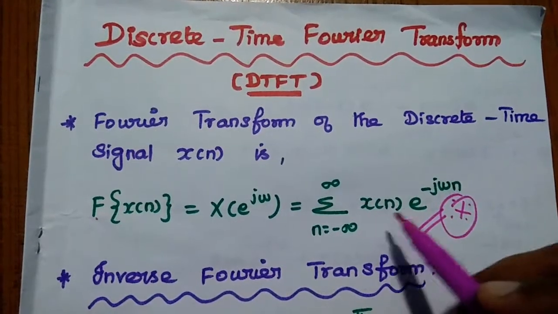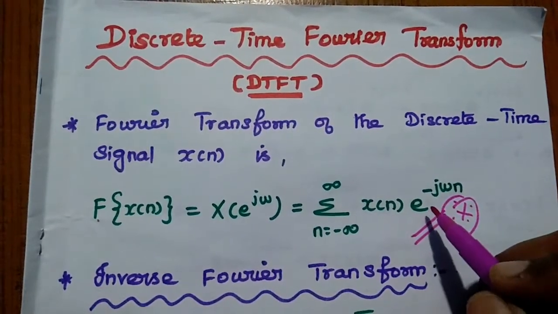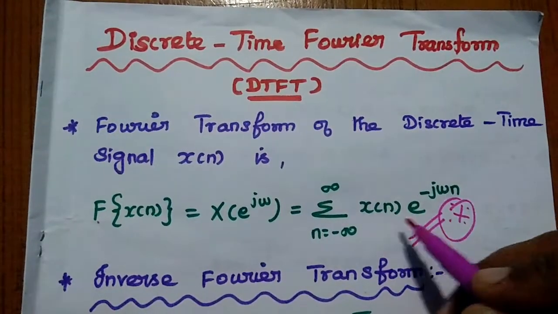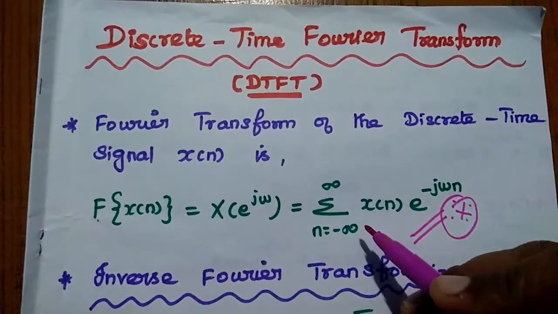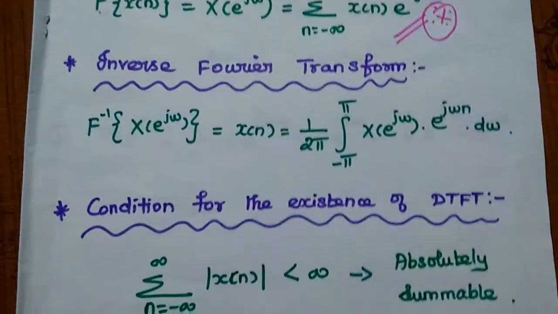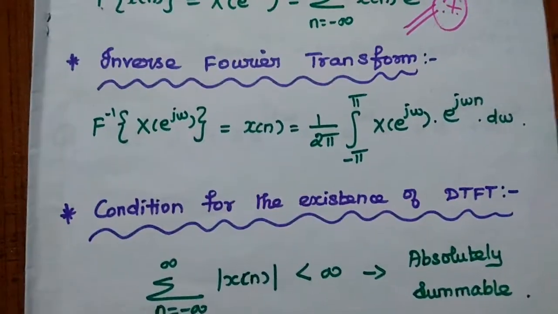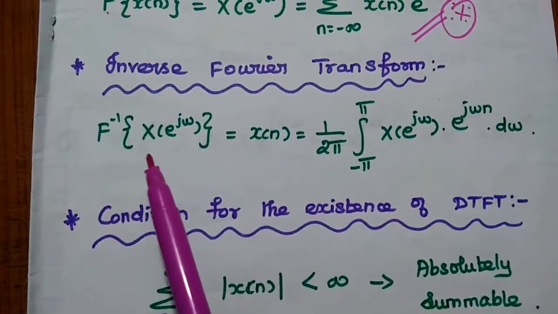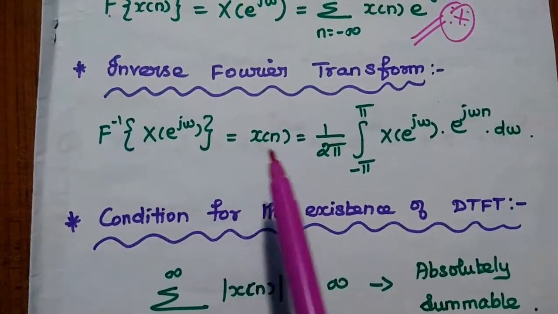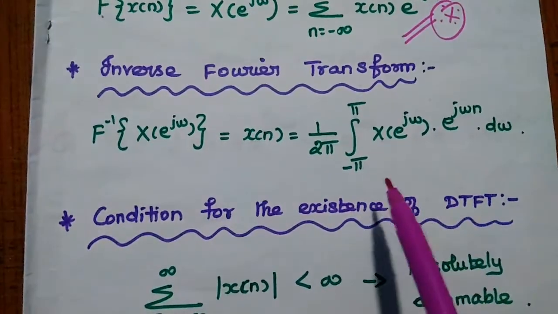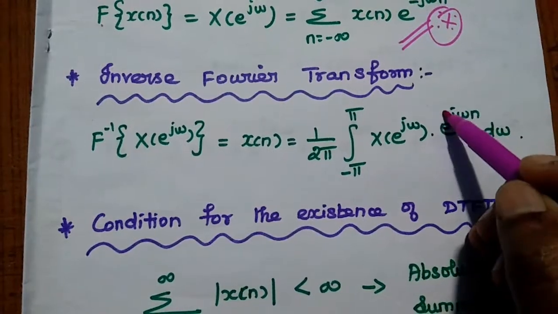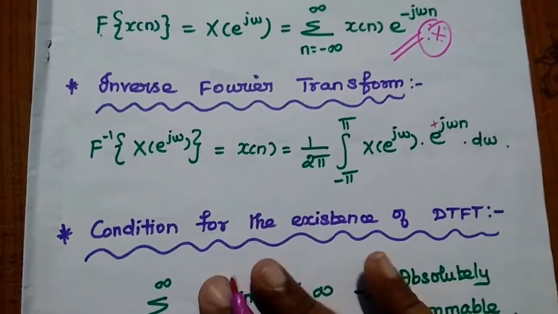The given signal is multiplied with e power minus j omega n, and the multiplication results will be added from minus infinity to plus infinity. So inverse Fourier transform is given like this, that is inverse Fourier transform of X of e power j omega is equal to x of n, that is equal to 1 by 2 pi integration of X of e power j omega e power plus j omega n d omega.